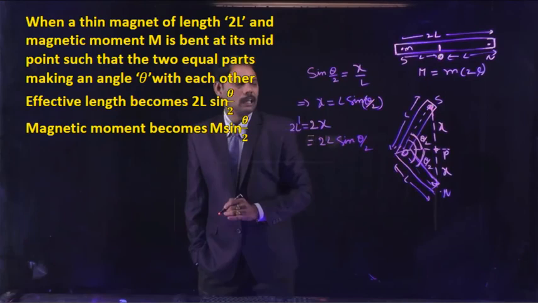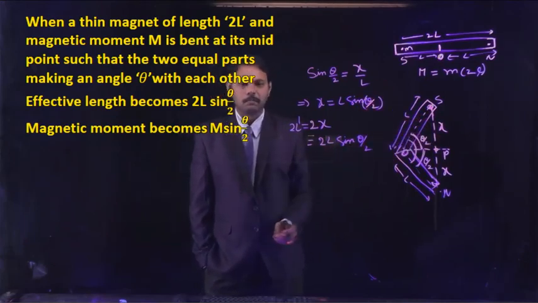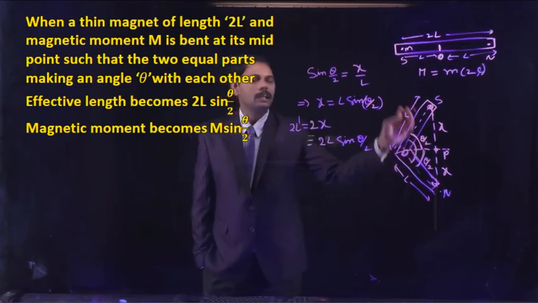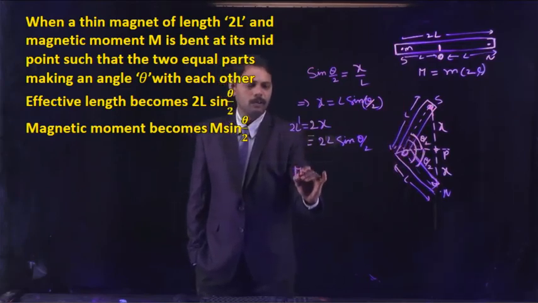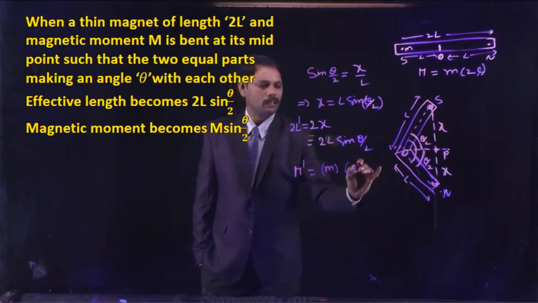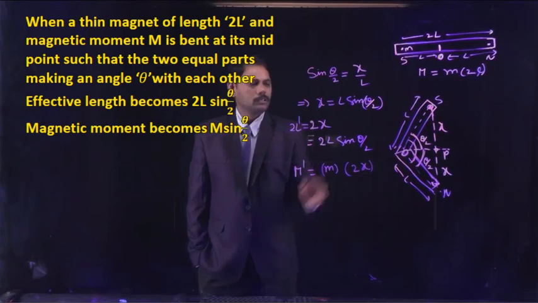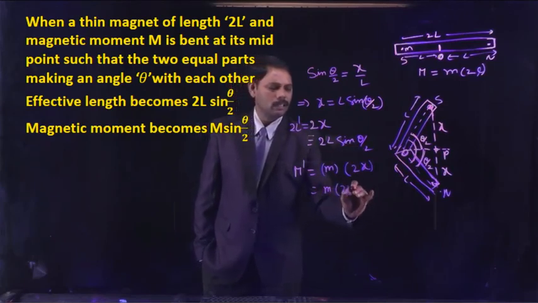So we calculated the modified length of the magnet in this modified shape, such that it makes theta angle at the midpoint. Then the magnetic moment of the modified magnet, m dash, is equal to pole strength into length of magnet 2x, which is equal to 2L sine theta by 2. So m into 2L sine theta by 2.